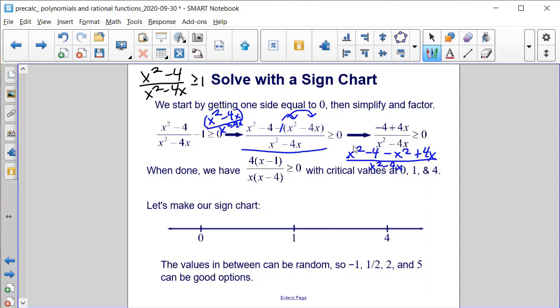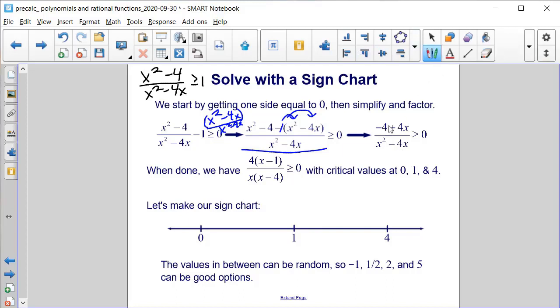You'll note I have an x squared here and a negative x squared here. They cancel each other out. That leaves me with this rational expression, negative 4 plus 4x over x squared minus 4x.